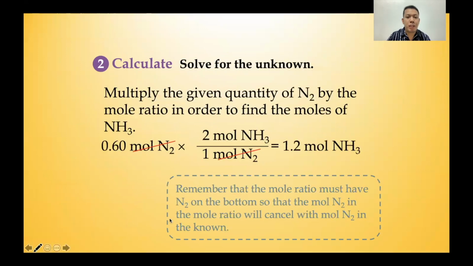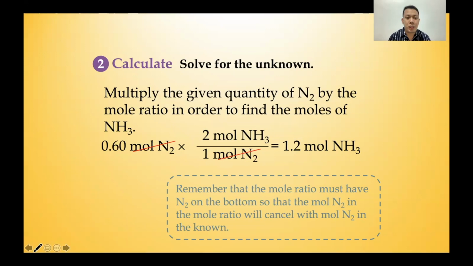So the next step is to solve for the unknown. Multiply the given quantity of N2 by the mole ratio in order to find the moles of NH3. You might ask, why is hydrogen not included? Simply because it is not part of the problem, though it is part of the equation.